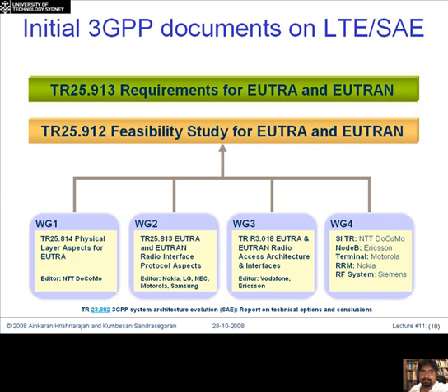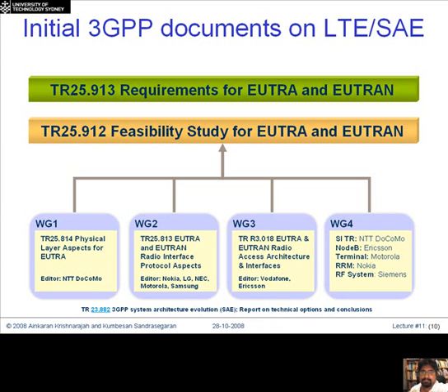I think there's a 30-page document that has so many requirements for LTE, and in most of the documents, when I looked at them, they specify how LTE should perform with respect to HSPA. So how many times better should it be? Should it be 3 times better or 4 times better, and so forth. Those were the initial documents.